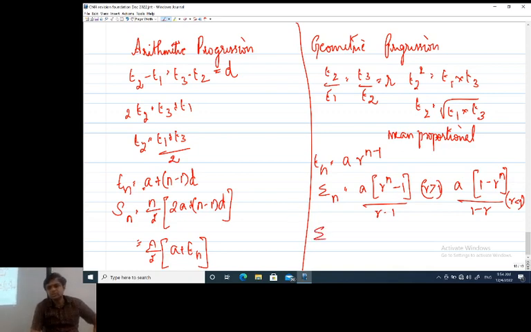So summation up to infinity is given by a by 1 minus r if r is less than 1, and a by r minus 1 if r is greater than 1. Clear?